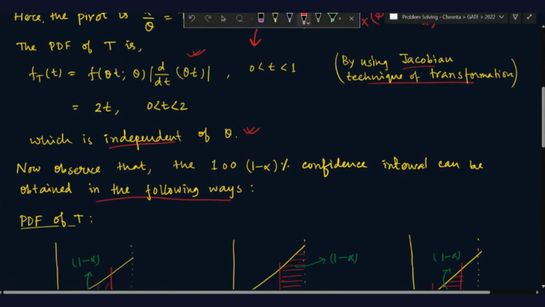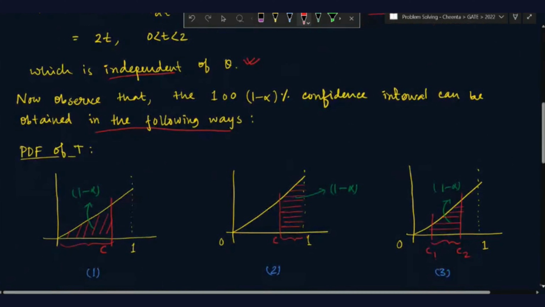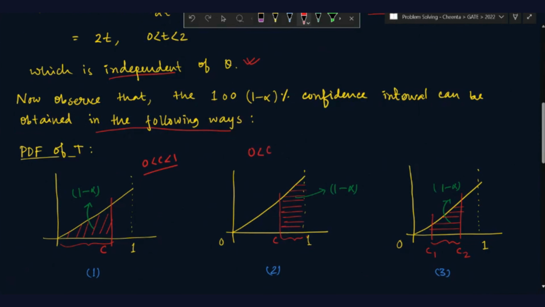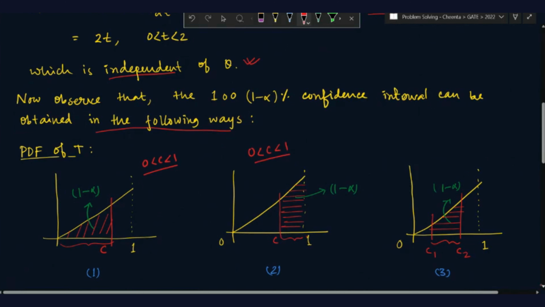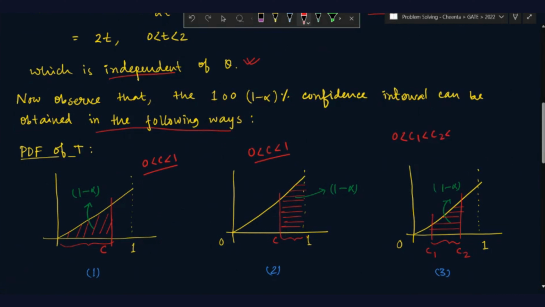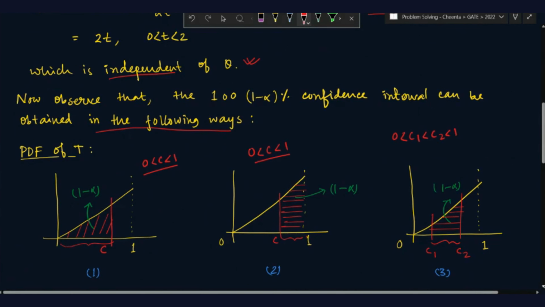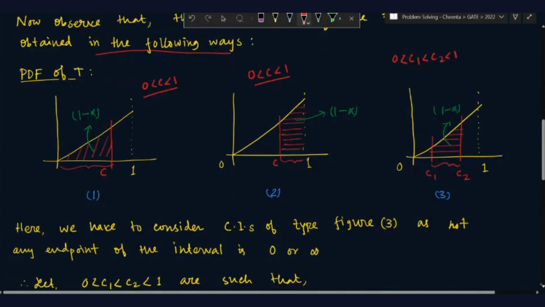One, we can take it from 0 to some c, where c is between 0 to 1, and we can also take from c to 1, where c is also between 0 and 1, and we can take the middle part also, that is c1 to c2, where c1 is less than c2, and c1, c2 both lie between 0 to 1.